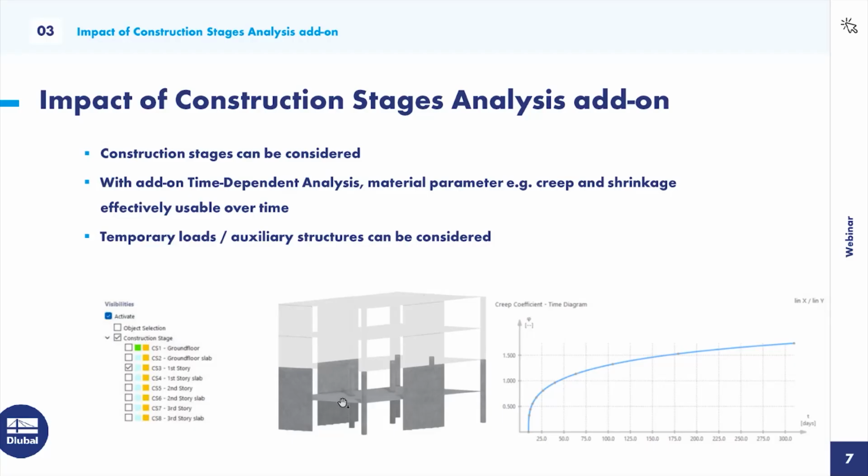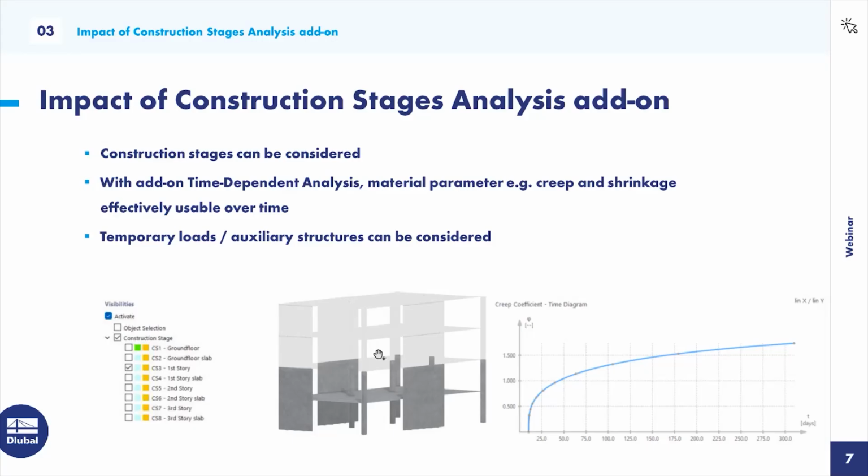Or let's say when you have an additional column here, which has effects on the reinforcement, for example, you can consider this also and add, for example, this column in one construction stage and delete it in the next. So you have the option with this add-on to analyze different models, let's say, in one calculation.